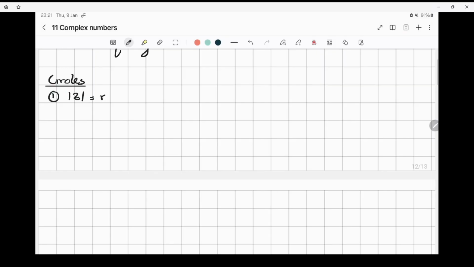So this represents the circumference of a circle. The center will be at 0, 0. The radius will be equals to r.